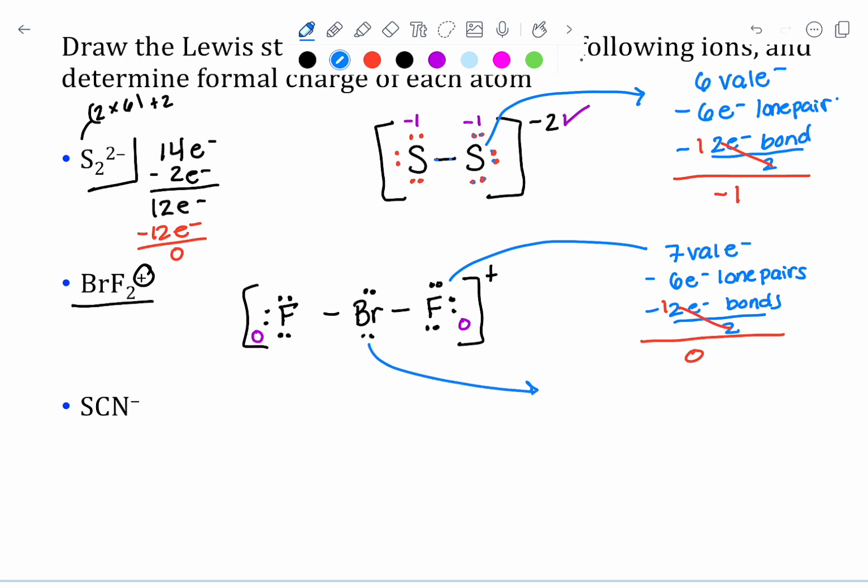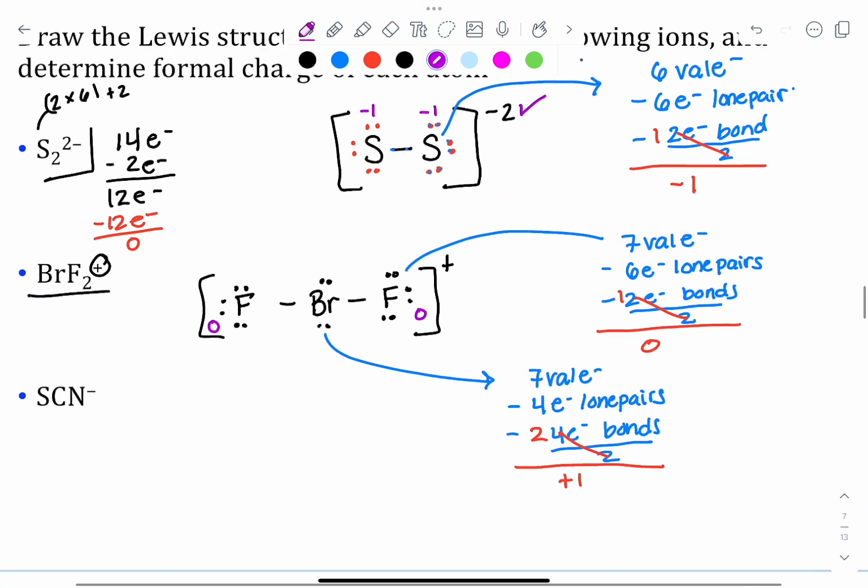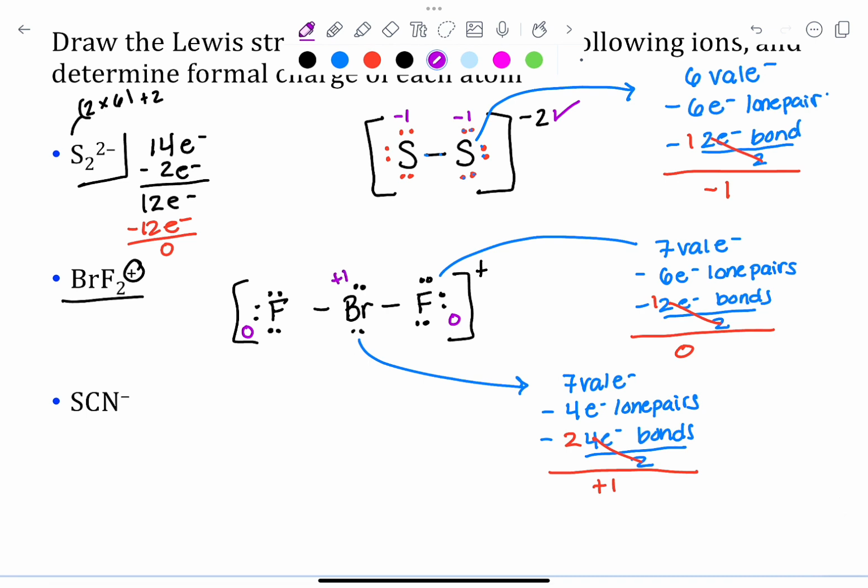Our bromine here again has 7 valence electrons, just like fluorine. It has 4 electrons in lone pairs, and it has 4 electrons in bonds, which we divide by 2, simplifies to 2. 7 minus 4 minus 2 is plus 1. So that bromine has a charge of plus 1. So our overall charge is plus 1, which corresponds with our charge of the molecule.